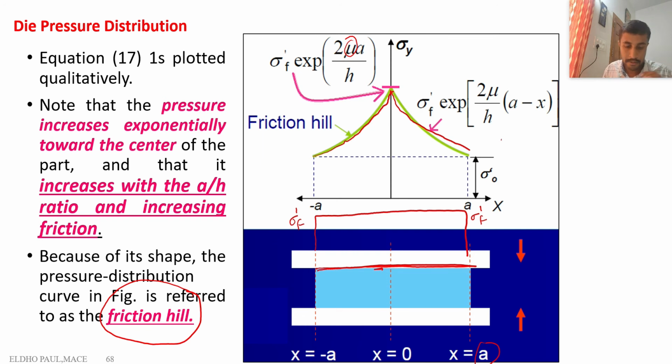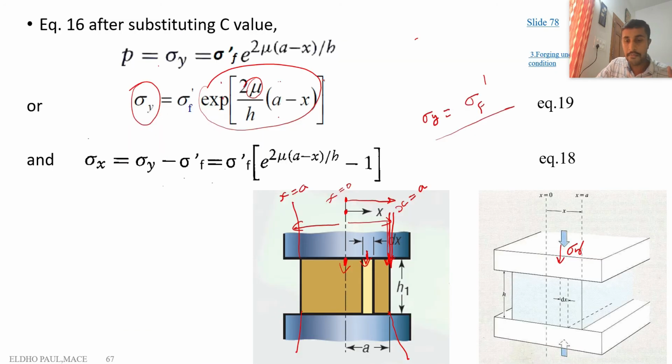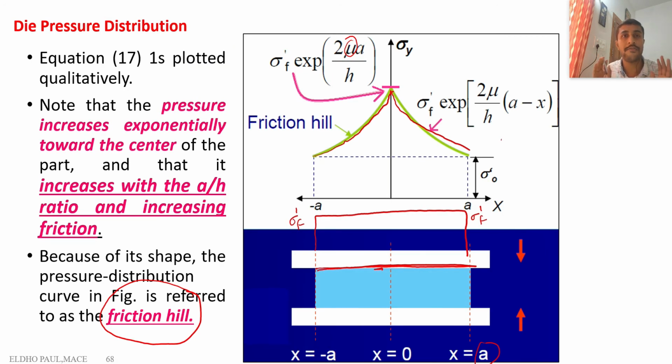Okay, so study this formula. Based on this formula, we can draw the variation of the friction through the material surface. Any doubt in this? This is an exponential increase because any variation in mu is actually e raised to mu.